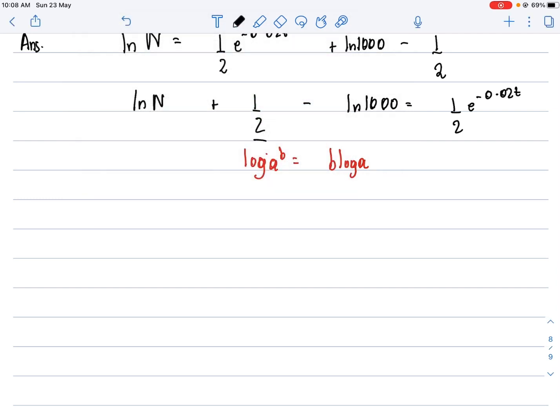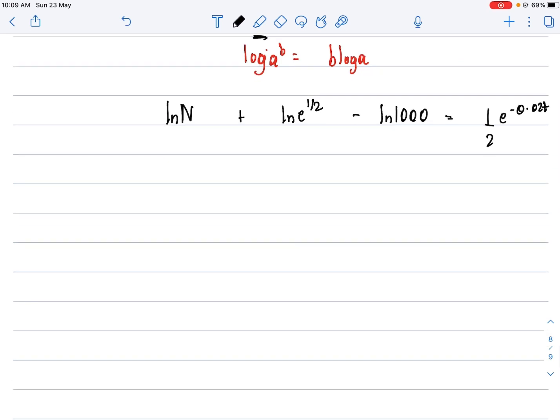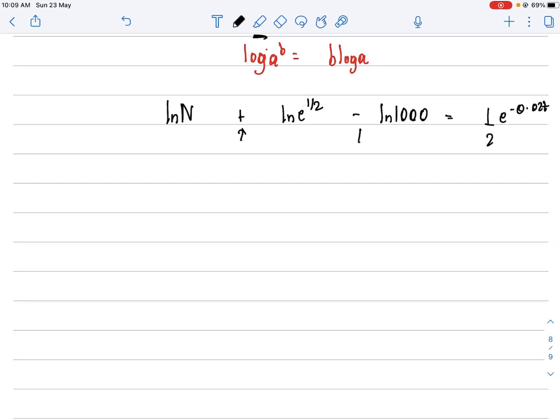That means I can write half as ln e raised to half, because it can be written as half into ln e, and I know ln e is 1. So ln N plus ln e raised to half minus ln 1000 equals half e raised to minus 0.02t. Now, plus means multiplication, minus means division. So I can write this as ln of N e raised to half over 1000. Agreed? It is equal to 0.5 e raised to minus 0.02t.